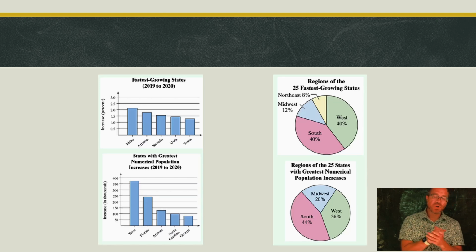Now, if you look at the bar chart below this, it shows the change in state populations by the actual number of people who moved, meaning the biggest absolute difference of change. So not the percentage of change, but the number of people that came into the state.